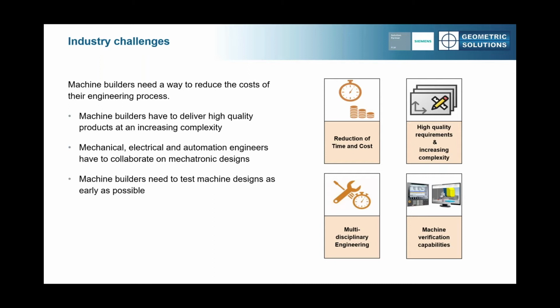And when it comes to these new machines with all of this new software, electronics, how are these engineers going to be able to work together? And then how can we verify that the machine that we've designed, how can we verify it's going to work once we've created it, once we've started cutting metal?